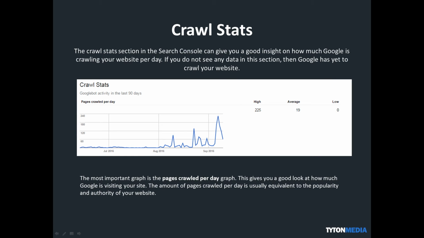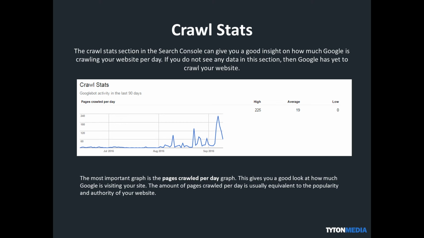So next in the crawl section, we have the crawl stats. This section gives you a good insight on how much Google is crawling your website per day. You can also see information like how long it takes Google to download pages, and how many pages it's done, etc. I think the most important graph is the pages crawled per day.